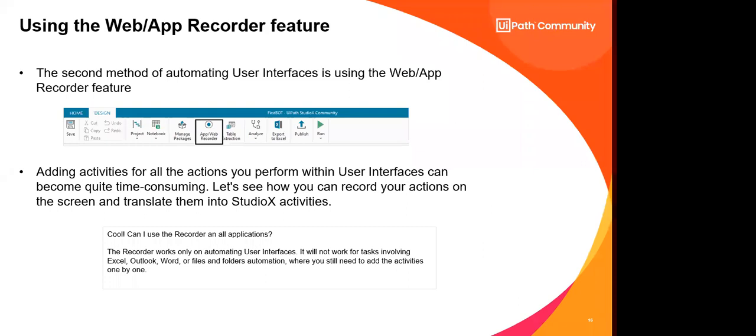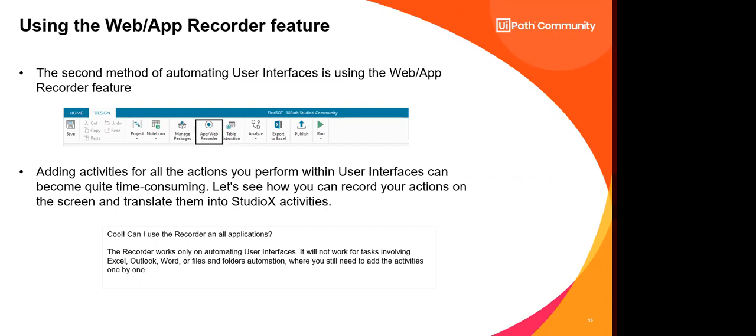So the second method of automating the user interface is using the web or app recording feature. As you can see on the screen, under the design panel, there is something called App and Web Recorder, right? This is something we already discussed, that adding activities for all the actions you perform within the user interface can become quite time consuming. Let's see how you can record your actions on the screen and translate them into StudioX activities.